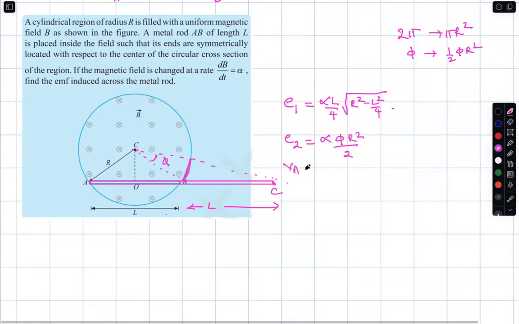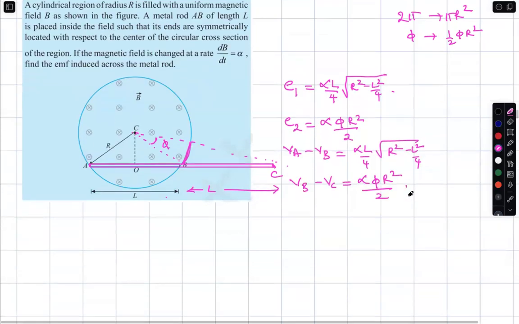So if you ask me VA minus VB, I will tell you it is alpha L by 4 root R square minus L square by 4. VB minus VC is alpha phi R square by 2. Any doubts? So you take the sum, VA minus VC, which is alpha L by 4 root R square minus L square by 4 plus alpha phi R square by 2.